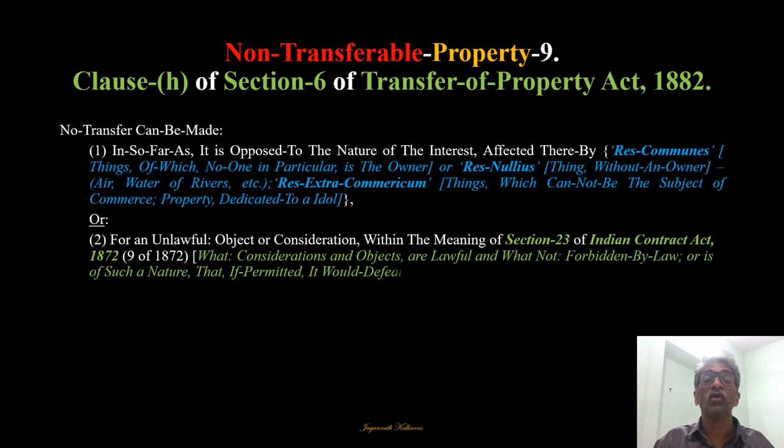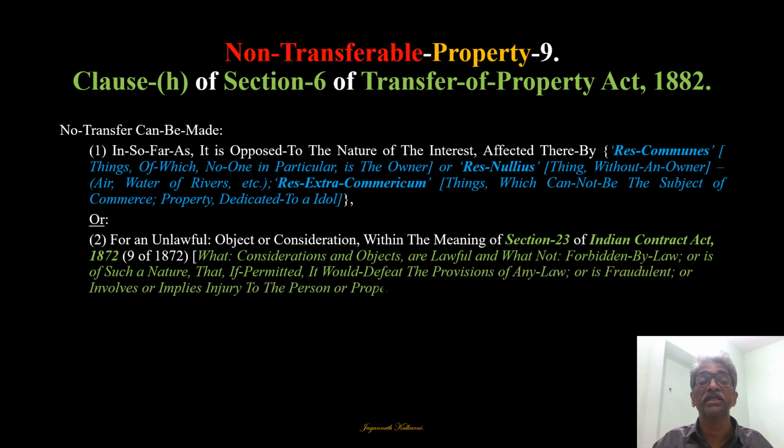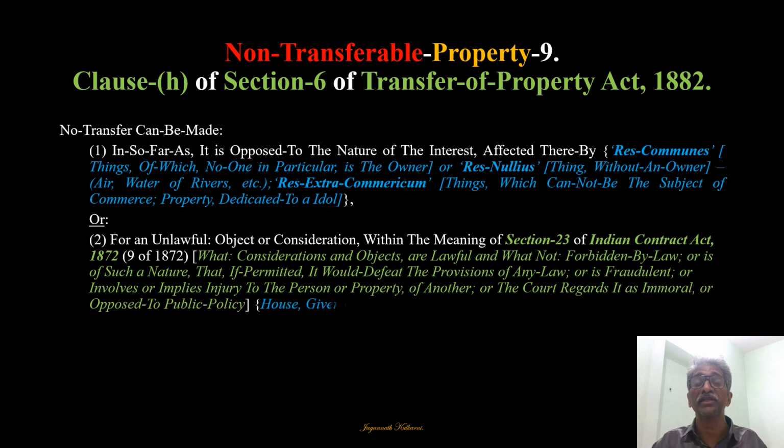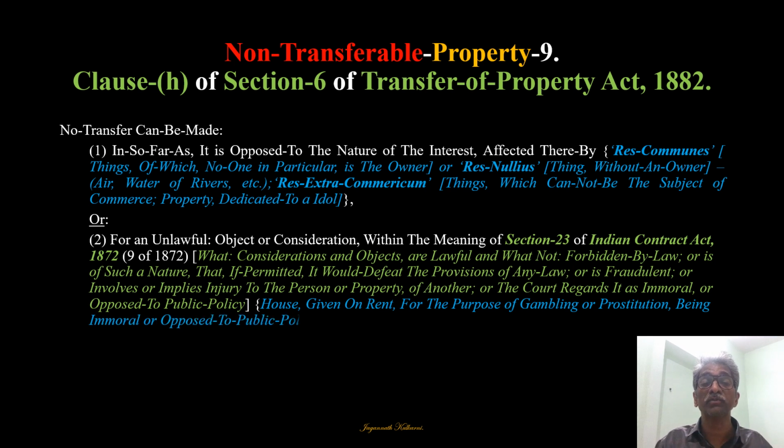It says what consideration and objects are lawful, what are not. So forbidden by law, or of such nature that if permitted would defeat the provisions of any law, if it is fraudulent, if it involves or implies injury to person or property of another, if the court regards it as immoral or opposed to public policy. So a house given on rent for purposes of gambling, prostitution, being immoral or opposed to public policy, cannot be transferred.